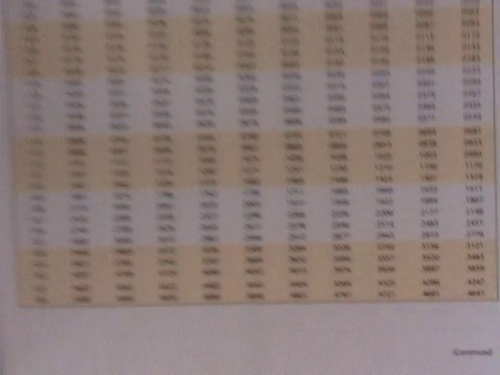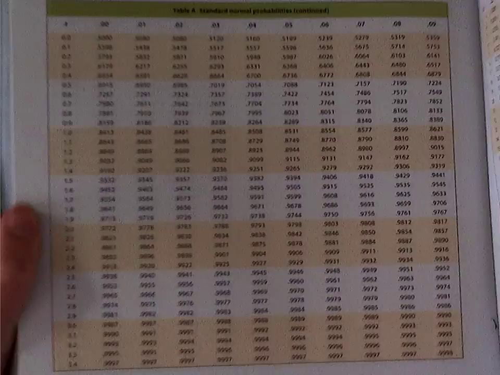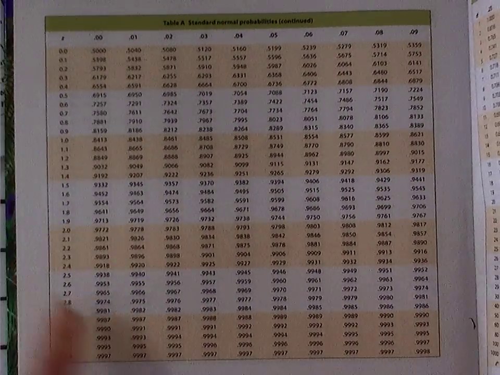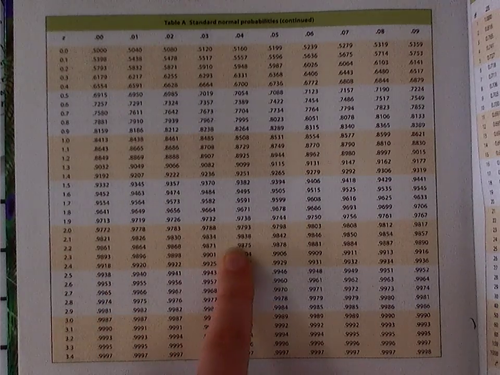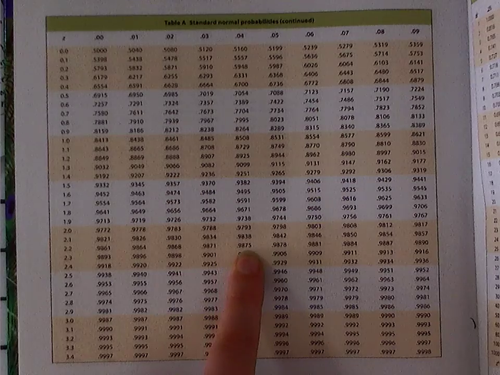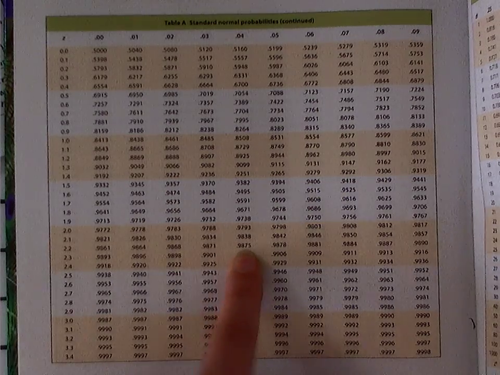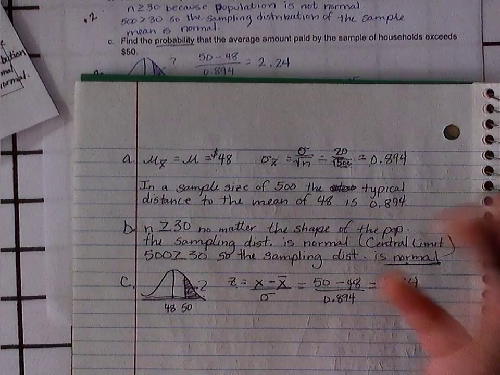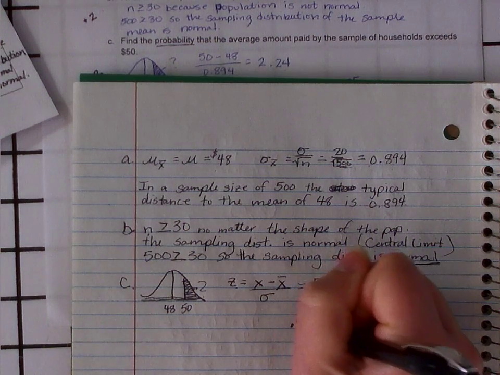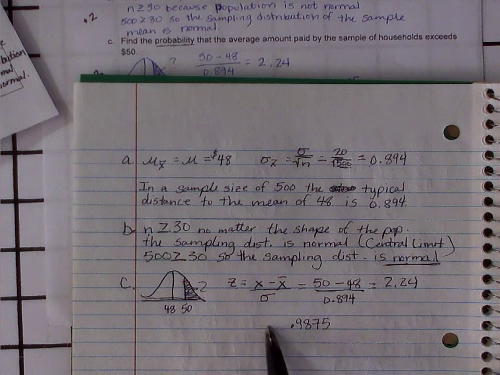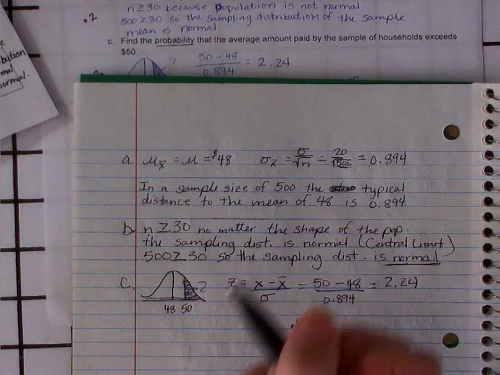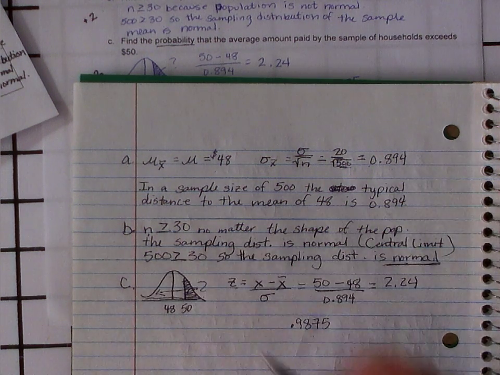We're going to go to table A and go to 2.24. Okay, so 2.2 and then over to 2.04 is 0.9875. Now this is a probability, but remember with table A, all of the probabilities that it gives us is to the left.